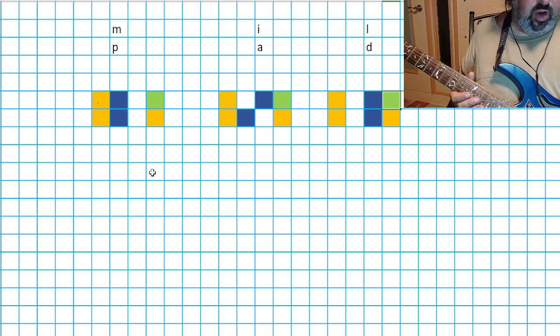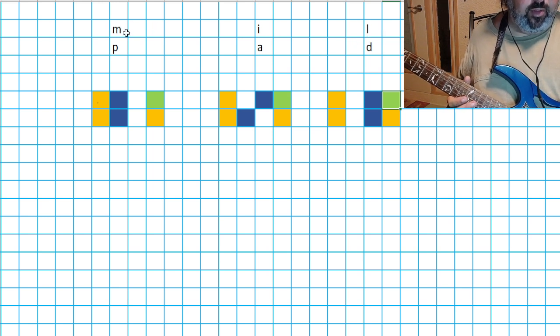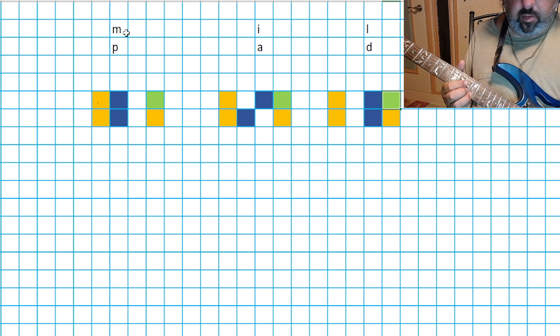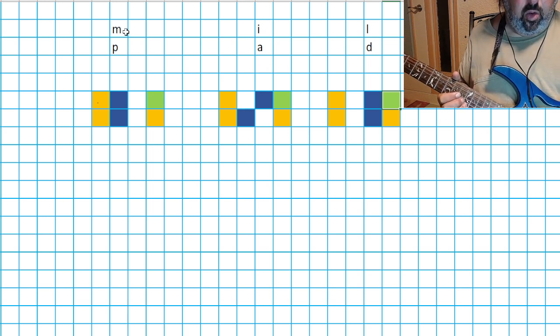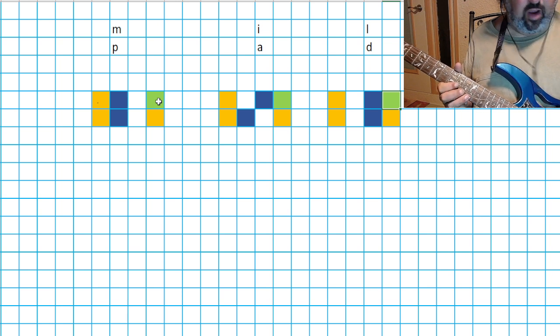So this means we're going to be playing the top row here, the majors. So I'm going to be in Mixolydian if I play this shape where the plus sign is. Oh, sorry.